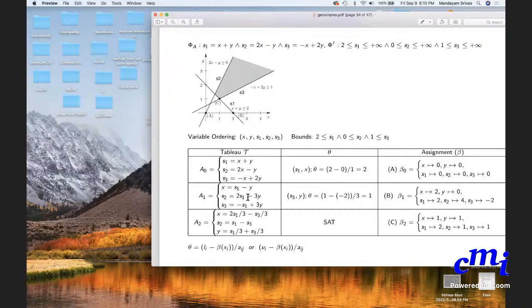S2 is within its constraint, because it's 4 times minus 3, and S2 has to be greater than or equal to 0, and it is 1. I'm sorry, S2 is 4, I guess. Yeah, 4 minus 0, yes.